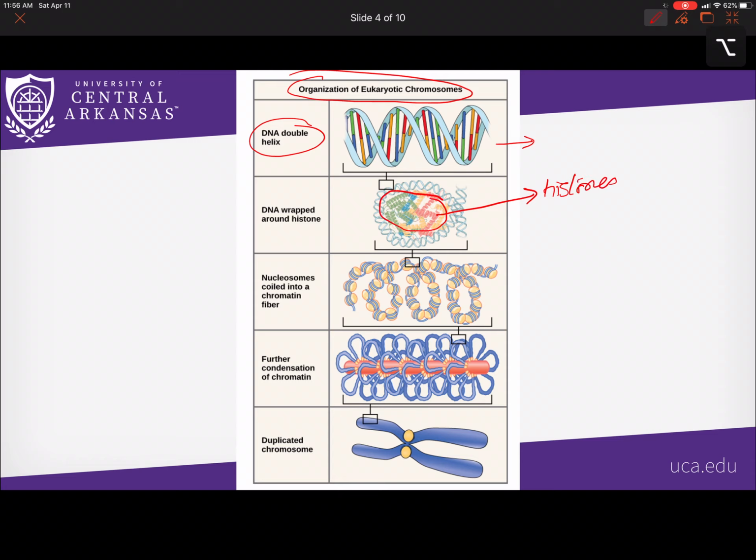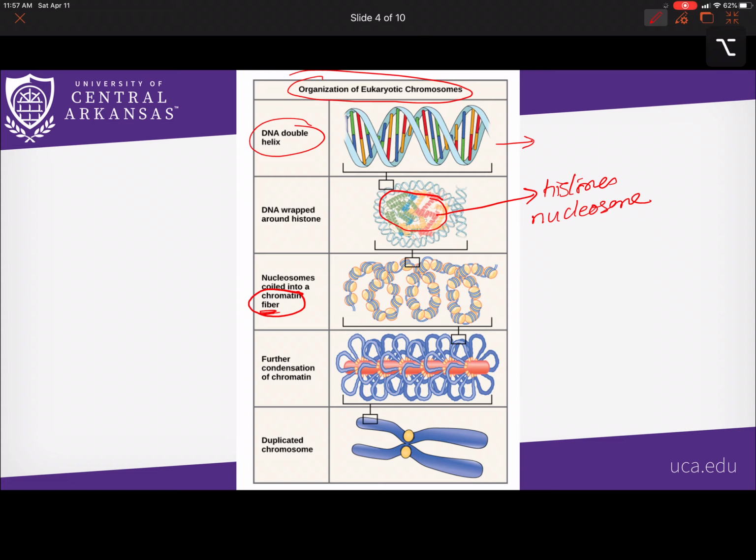You can see green, blue, yellow, red. These are the histone proteins around which the DNA wraps itself, and each of these units is called a nucleosome. The nucleosomes further coil to form the chromatin fiber.